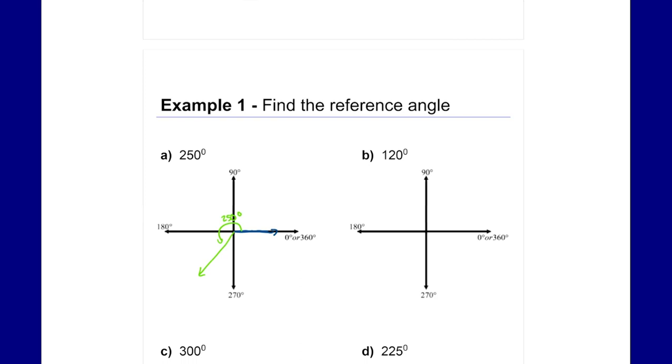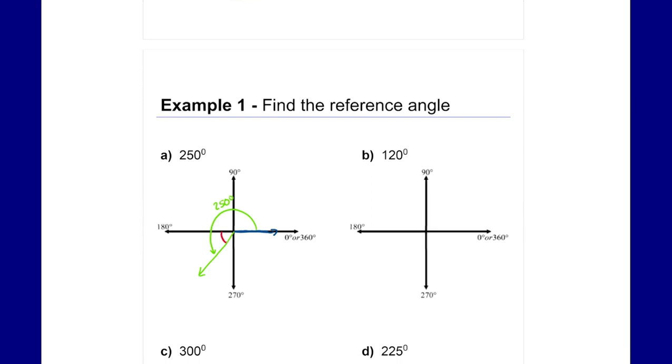Now the reference angle is the angle going from the closest x-axis. So that means this angle here. Let me spread this out a bit more. So there's the angle, it's 250 degrees. The reference angle that we're going to use is this angle in here.